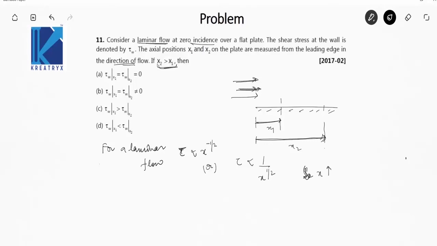As x increases, tau will decrease. So tw1 will be greater than tw2. Match the options and get the answer. Next question.